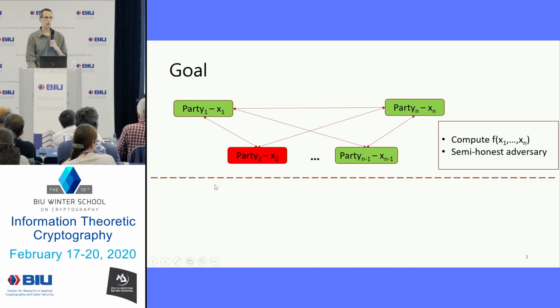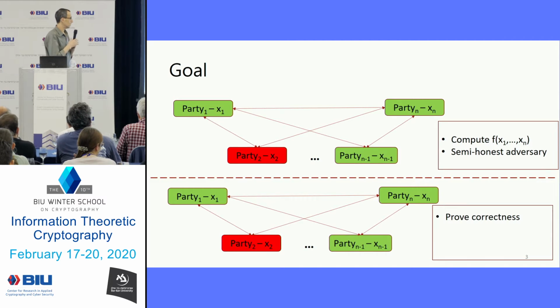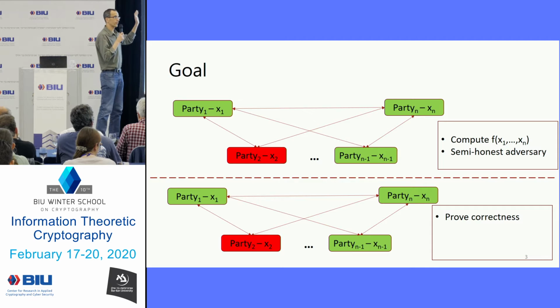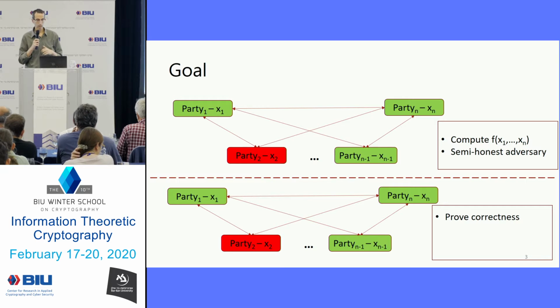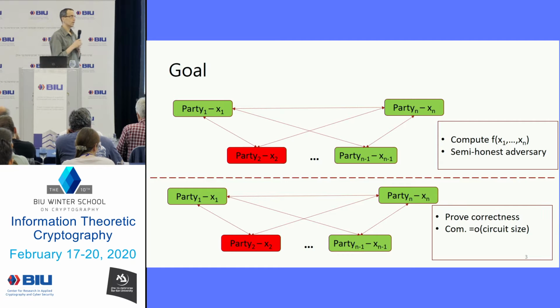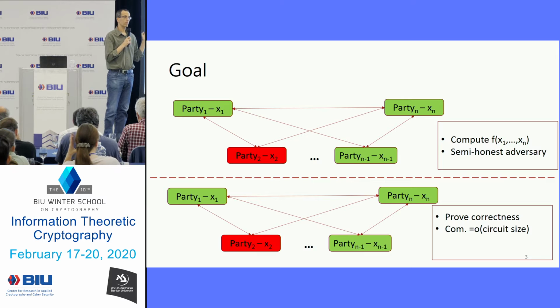Now we want to turn this protocol into another protocol in which the adversary is not semi-honest but malicious. First the parties run the original protocol, and then in the second part they prove that what they did was correct.